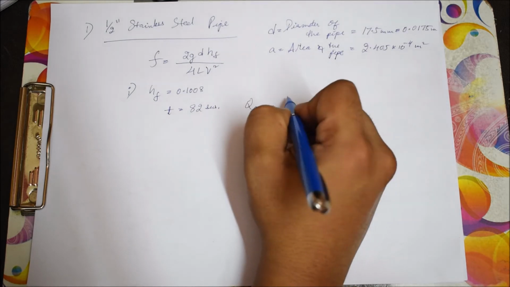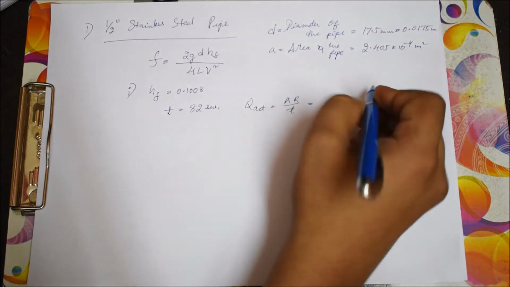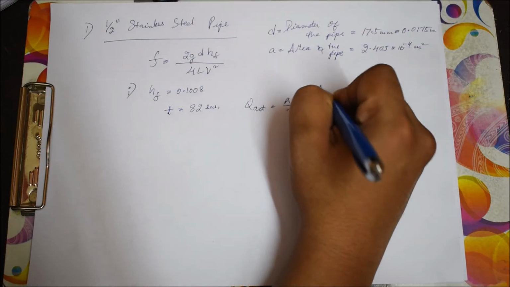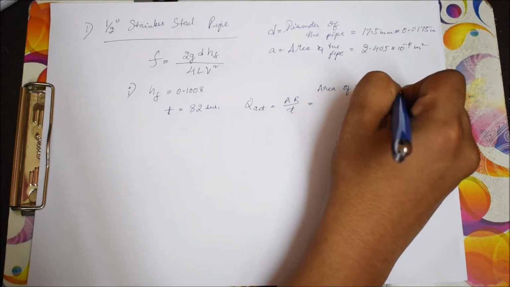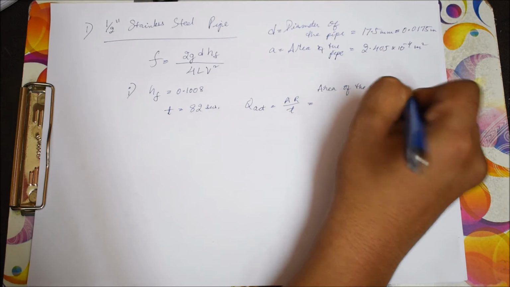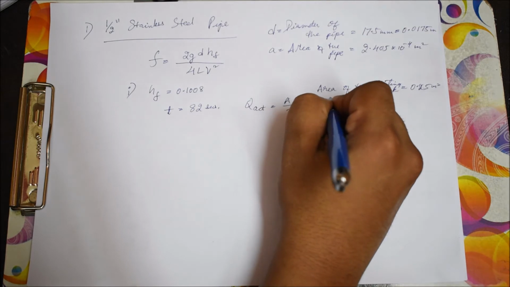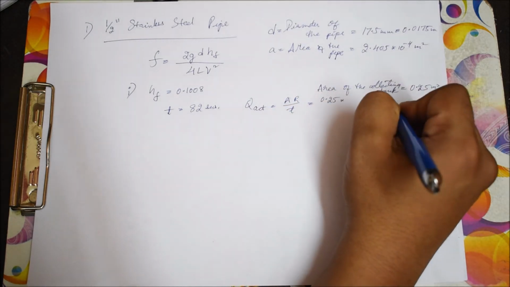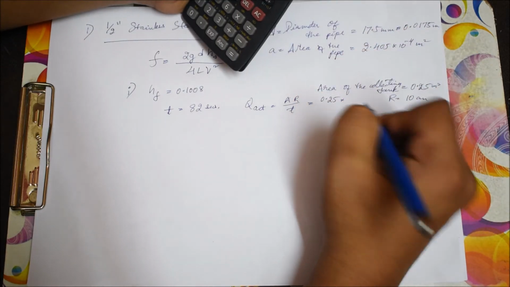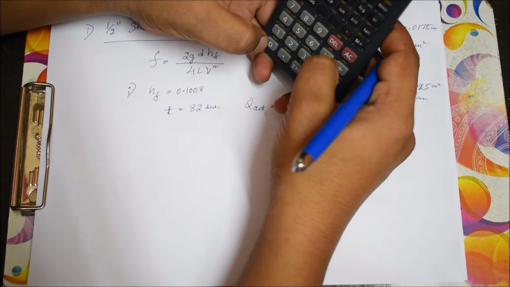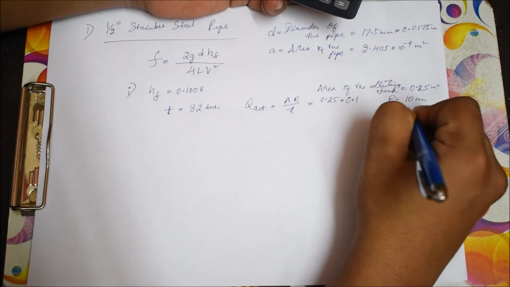So Q actual is equal to A into R by T. The area of the collecting tank we know to be 0.25 meter square. So 0.25 into R, which we have considered as a 10 centimeter rise in the collecting tank. 10 centimeter into 0.01 is nothing but 0.1 meter.